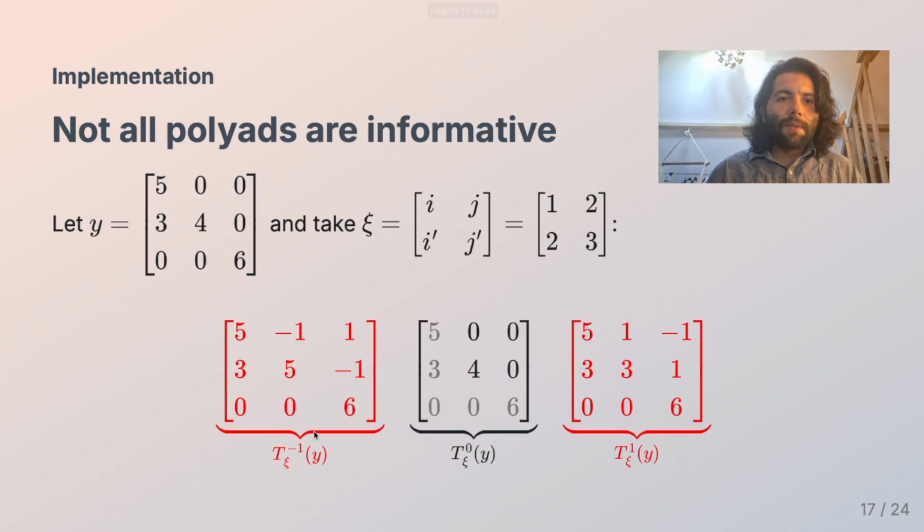And the solution came first by observing that not all polyads are informative. Indeed, if you take a graph and you take some polyad, there are some polyads for which, if you try to apply the transformation, you will immediately arrive at some network with a negative weight in both directions.